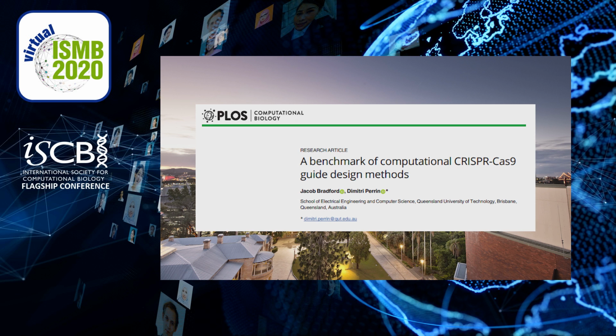For efficiency, some methods follow the pattern of using established biological rules, while some others consider machine-learned models. We found that both approaches lack value and therefore developed a new approach, which I will discuss soon. For specificity, some use rudimentary methods, for example, a sequential search, where every guide is compared with every potential off-target site.